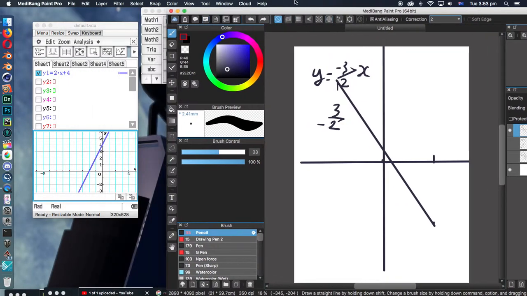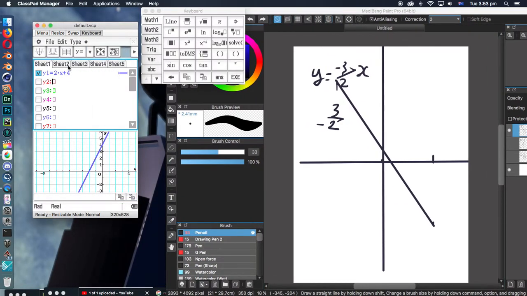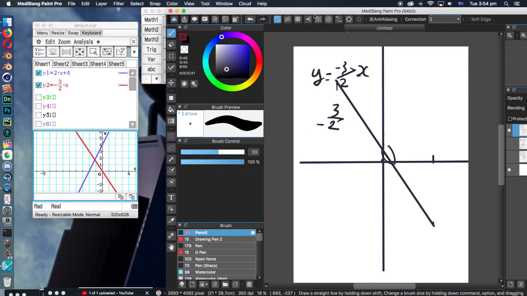So let's punch this into here. y equals -3 divided by 2x, and then we press this and it will generate a graph, and yes, it does get the same shape, except with this triangle. The reason why we got that incorrect is because I didn't put this line to match up with that line, so that kind of messed us up.